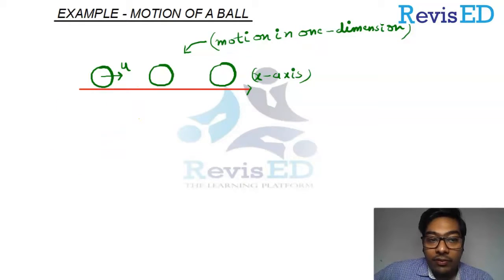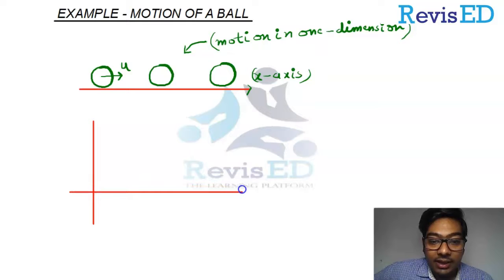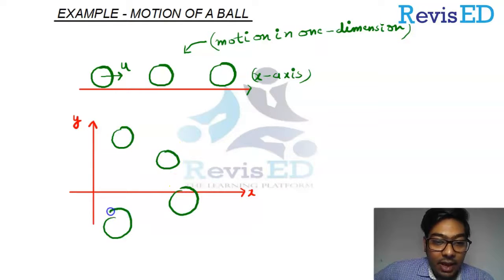Now let's take another example. Let us take the coordinate axes. Let me take the y-axis and the x-axis as well. This is my x, this is my y. Let us now draw the different positions of the ball. Suppose my ball is moving like this across the plane.